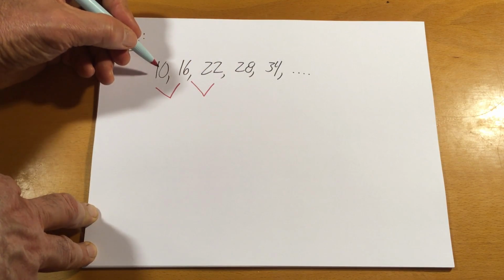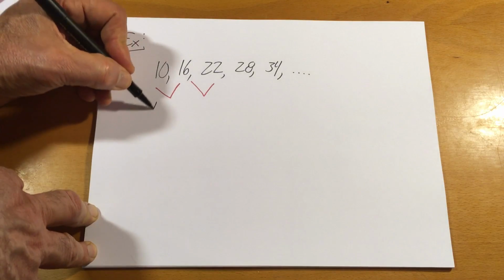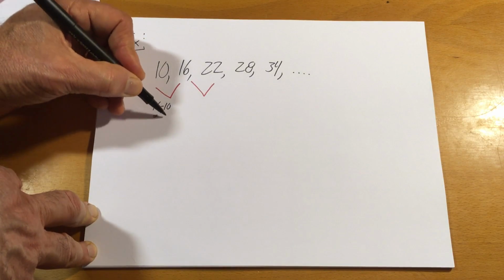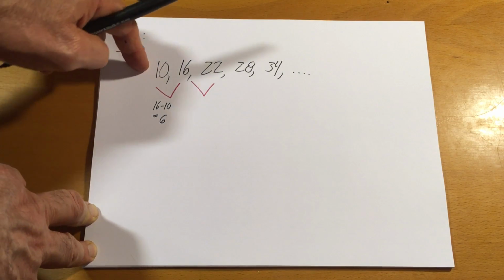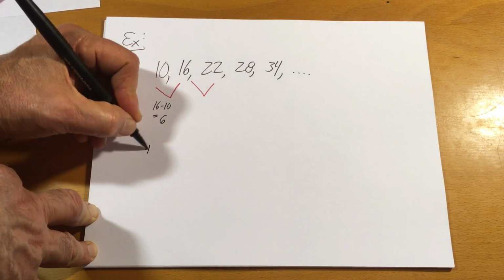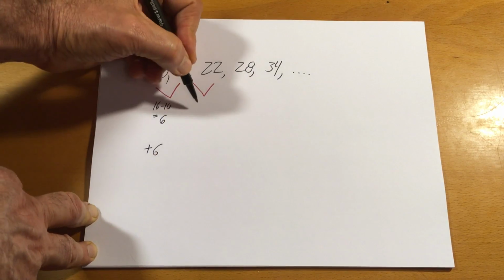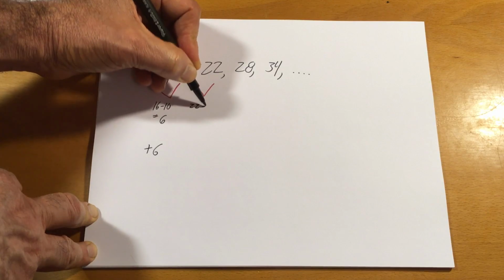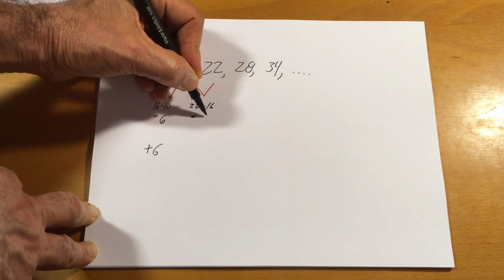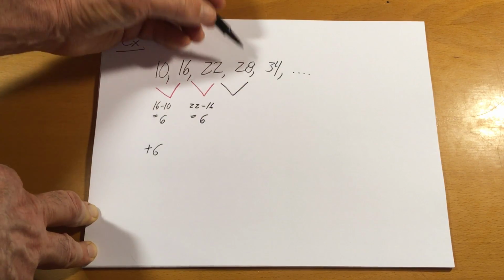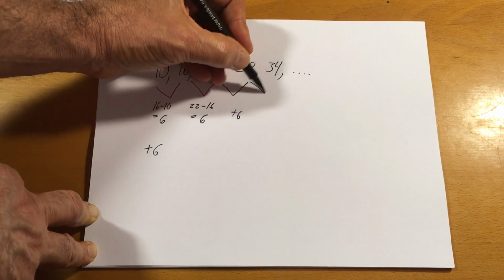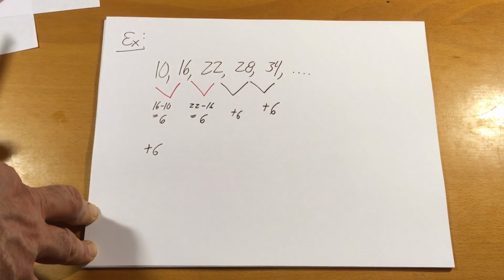If you go 16 minus 10, you get a 6. In other words, as you go from 10 to 16, you add 6. When you go 16 to 22, if you subtract that, 22 minus 16, you also get a positive 6. 22 to 28 is a positive 6. 28 to 34 is a positive 6.